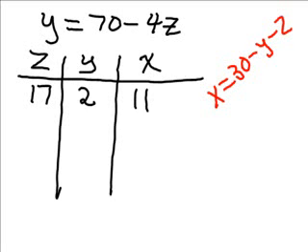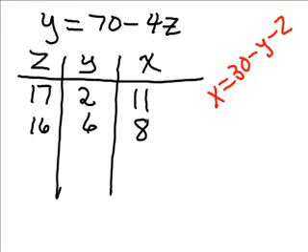Unlike the example I gave you before where you could count down to your next hit, you can't do that this time because you don't have a denominator. So we're going to have to try them all until we end up with something negative. When I let z equal 16, y is equal to 6, and then x is equal to 30 minus 6 minus 16, that's 8. So there's a feasible solution.